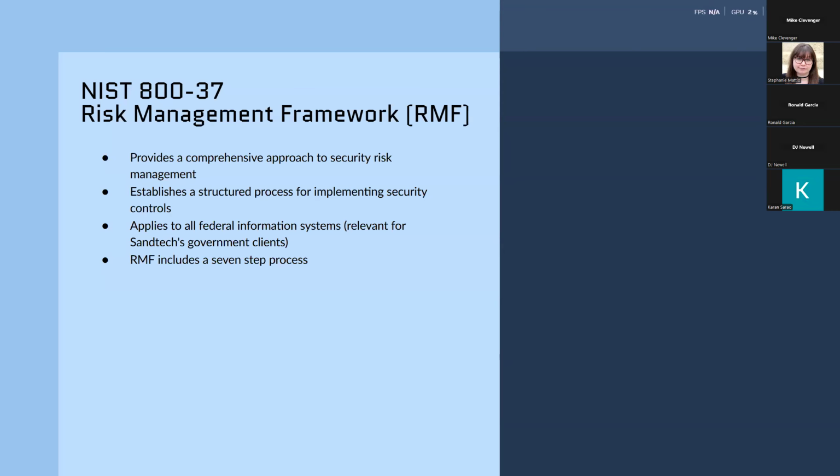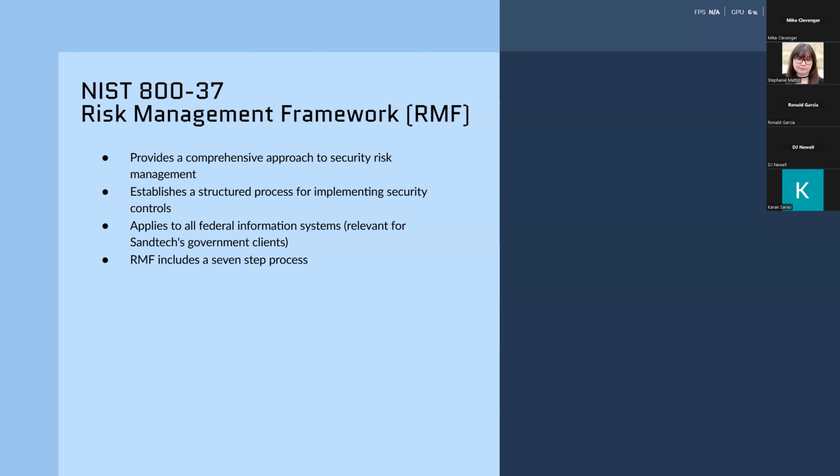The RMF outlines a 7-step process, including firstly, preparation, which involves identifying high-value assets and establishing organizational policies and procedures. Step 2, which is categorization. This step involves sorting information systems based on the potential impact of a security breach. Selection involves selecting security controls based on the system's categorization and their organization's risk tolerance. Step 4, implementation, which involves implementing the selected security controls.